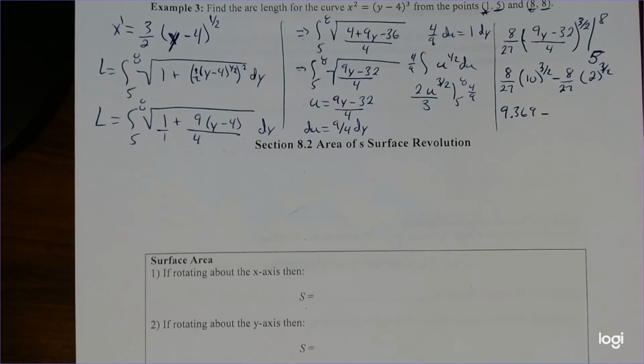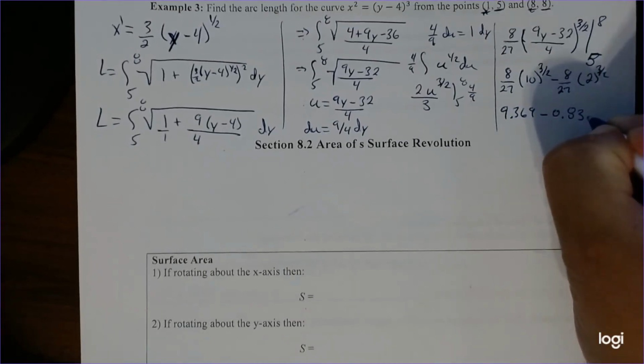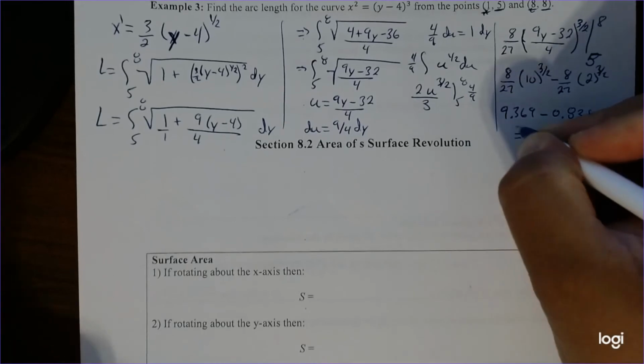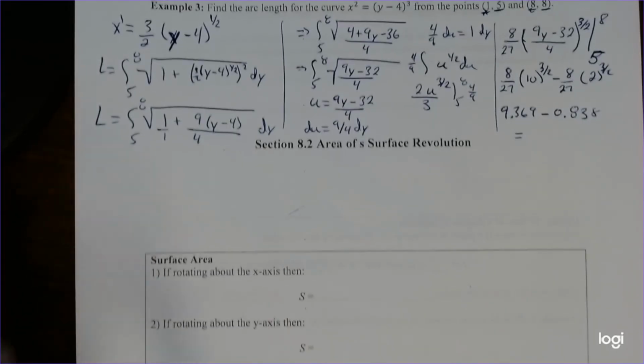And the other way, so 2 raised to the 3/2 power times 8 divided by 27 gives us this. And then we just subtract them. So what does that give us? So 9.369 minus 0.838 gives us approximately that.